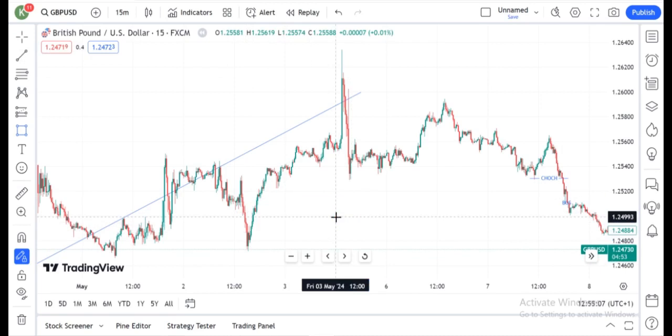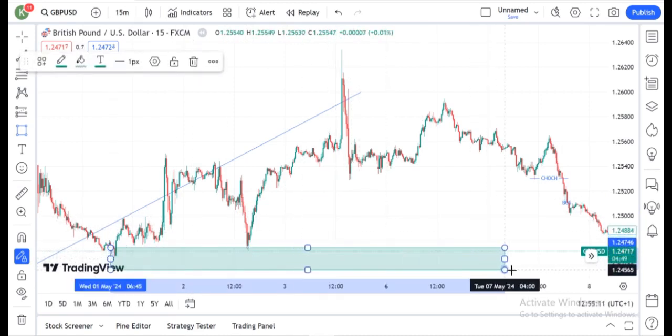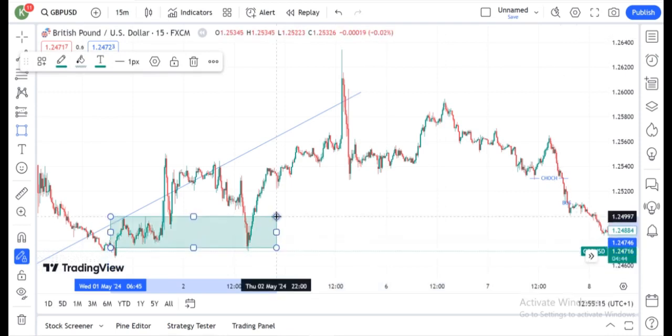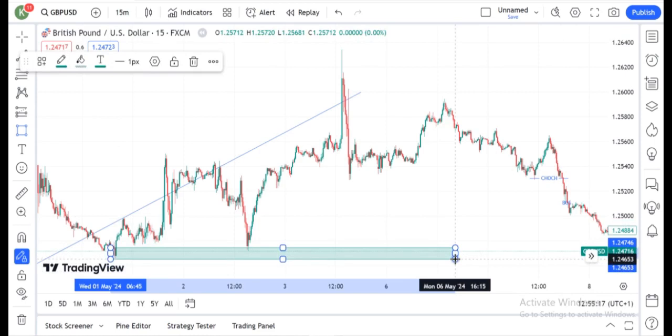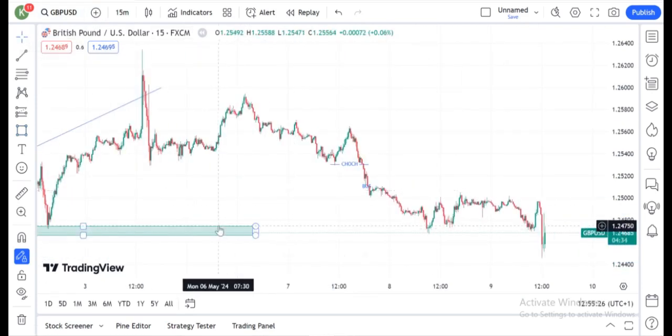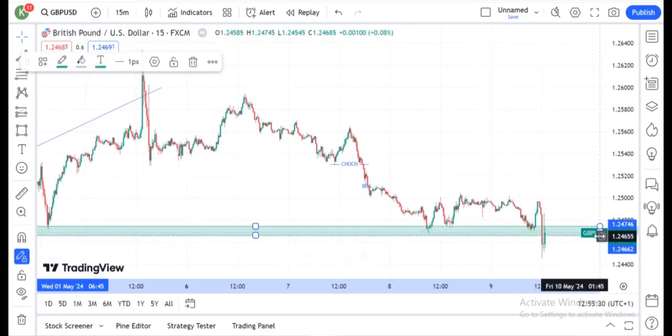Sorry, you can see one here first, an order block. Another one here looks like another order block, but this is the one that I may be more particular with.